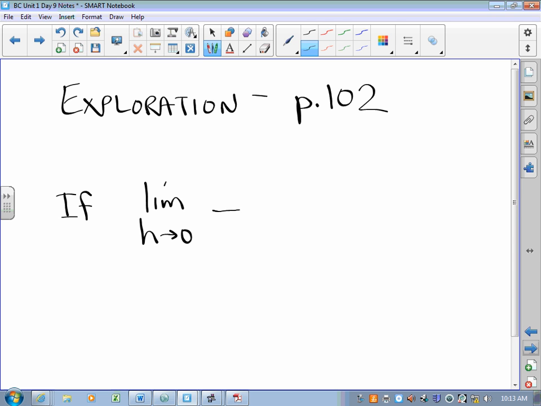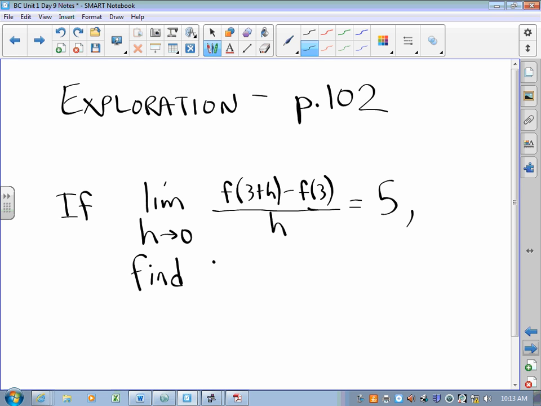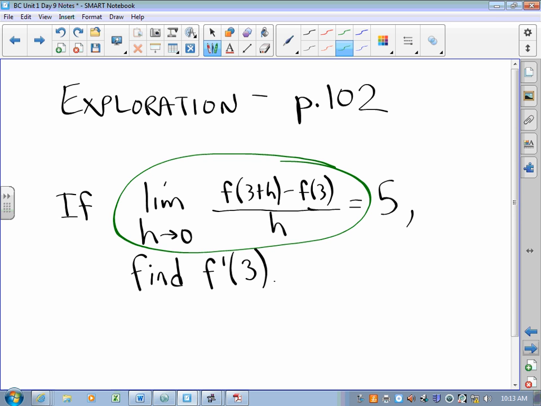If the limit as h approaches 0 of f of 3 plus h minus f of 3 over h is 5, find f prime of 3. And then you would have to know, wait a second, this is the derivative of the f function at x equals 3. This is 5.